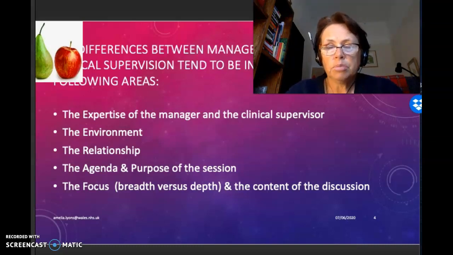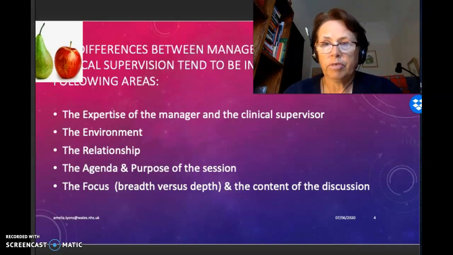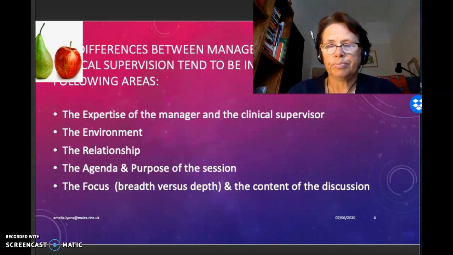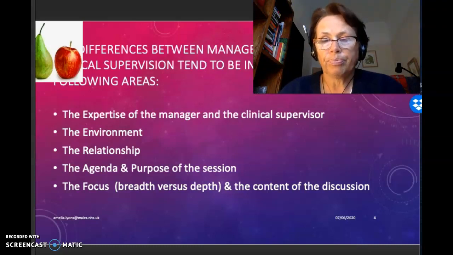Now, your clinical supervisor, when you're working with them, is usually a specialist. They may be a clinical specialist in some form or another. For example, in psychotherapy, they may be a very experienced psychotherapist or clinical supervisor, and may have specialist interpersonal skills and theories such as CBT, psychoanalytic theory, and so on.